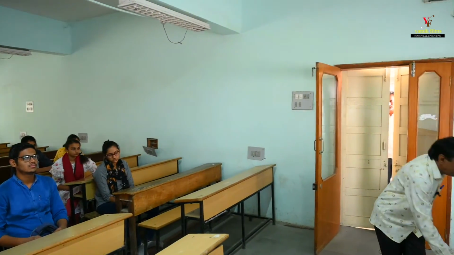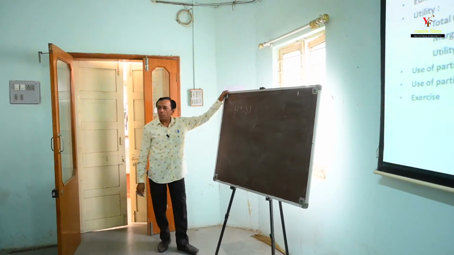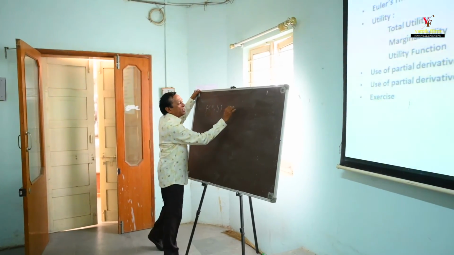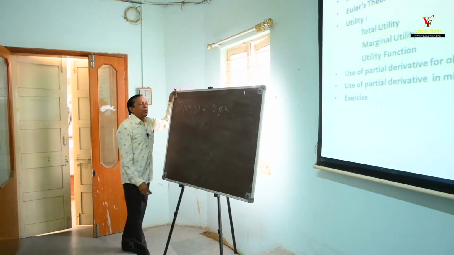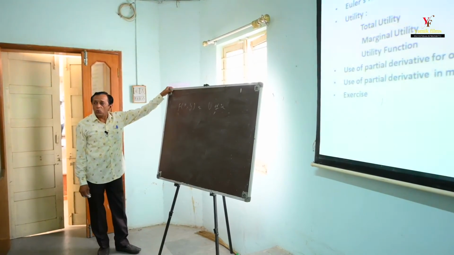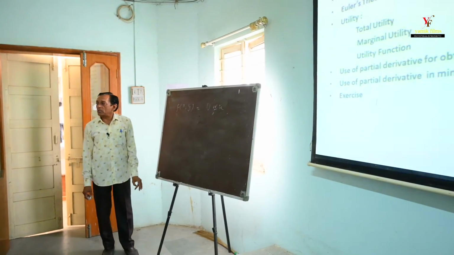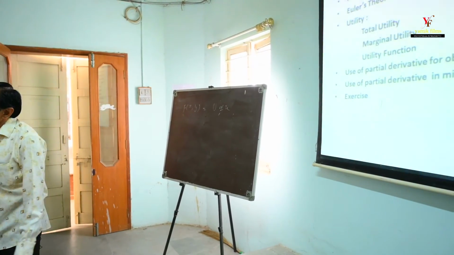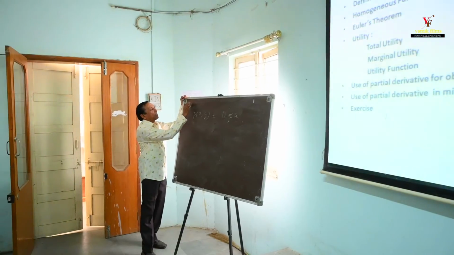We are given a function f(x,y). This is a utility function. We can define U, or small u, as the utility function of a person with some budget arrangement.